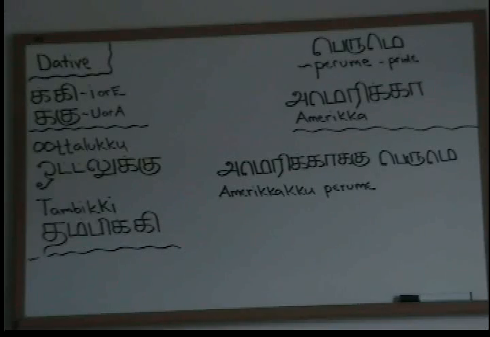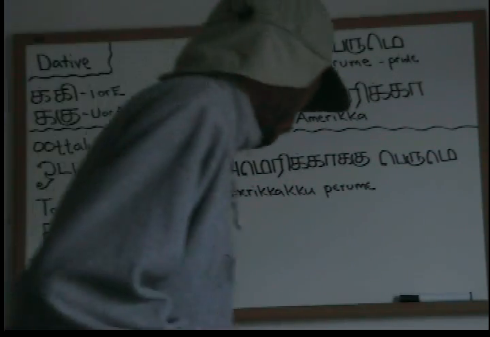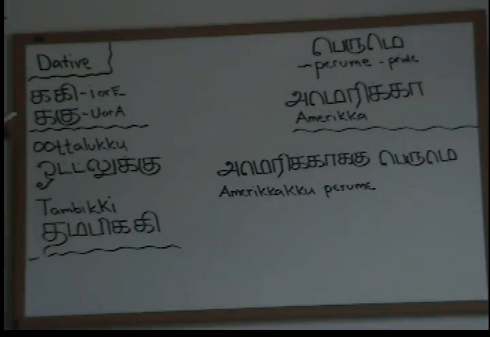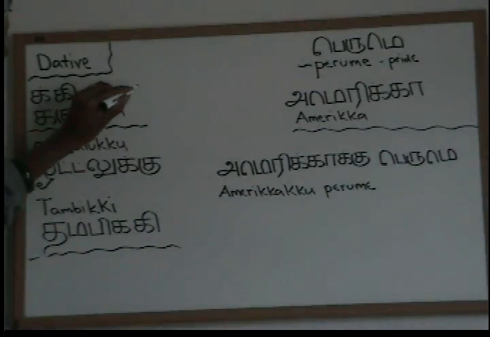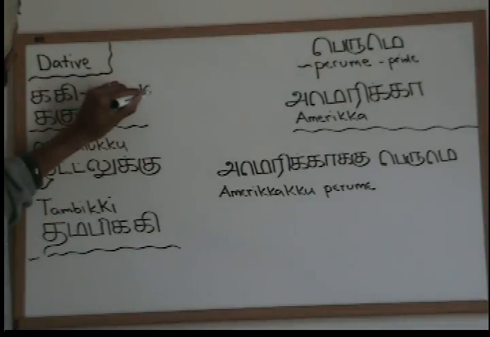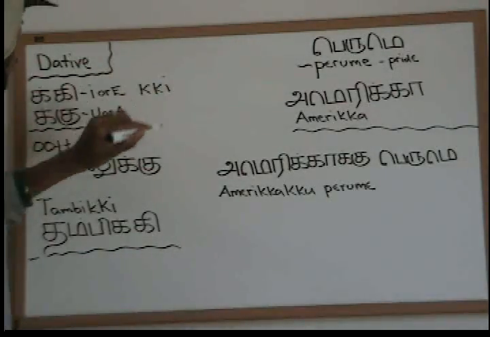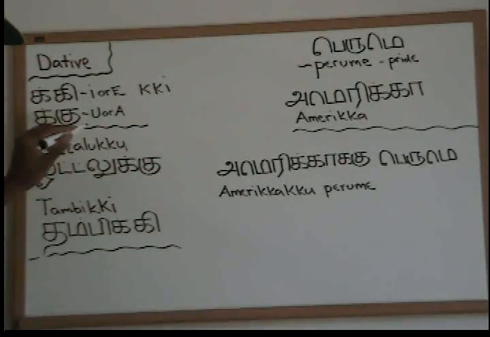Now, in Tamil we have this key, and I'll rewrite it here. First of all, we have the key, and because I'm not sure how many of you can read Tamil characters, I'm going to write it the English way.